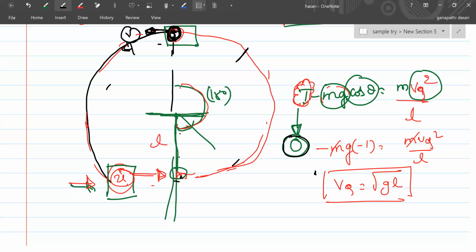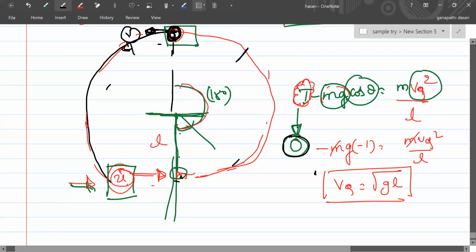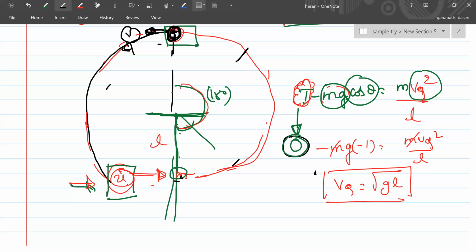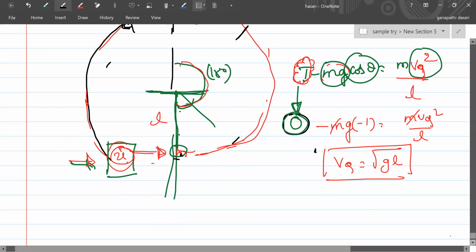It is like the condition that you should score above 36 marks to pass the exam; I'm taking 36 as the limit, so it should be slightly greater. So I'm trying to find the limiting point: if tension becomes 0, it will fall down. I'm taking just 0 and finding the velocity. If it is more than root gL, our work is done. Got it?